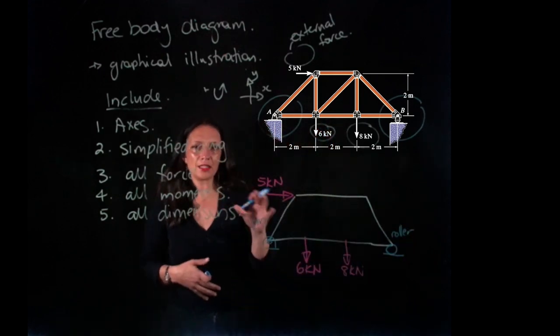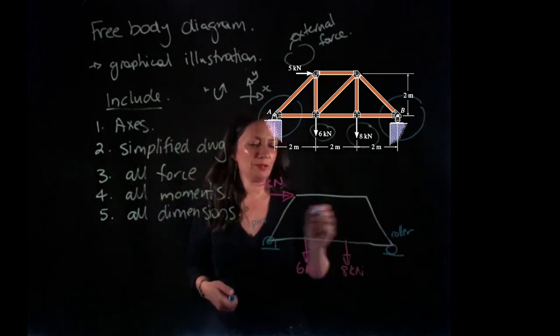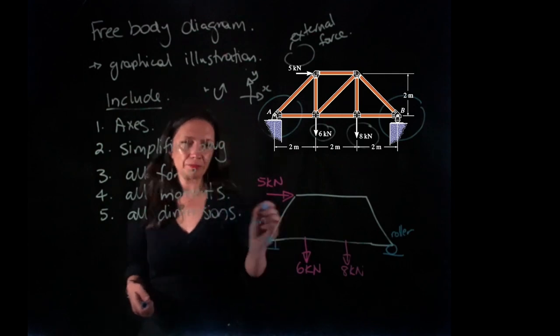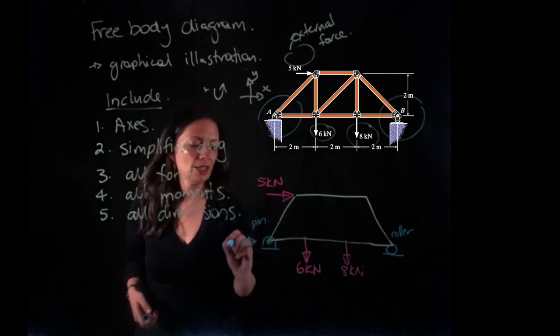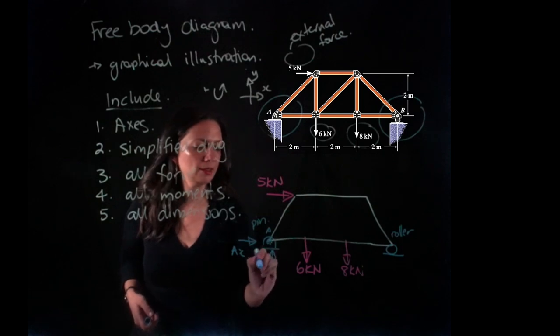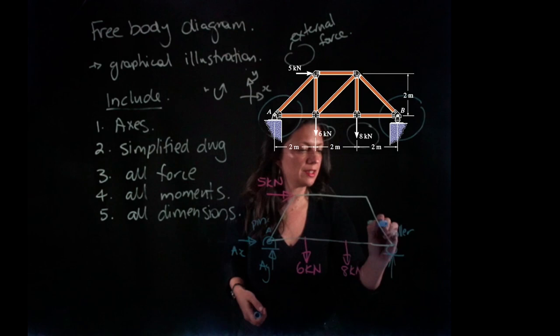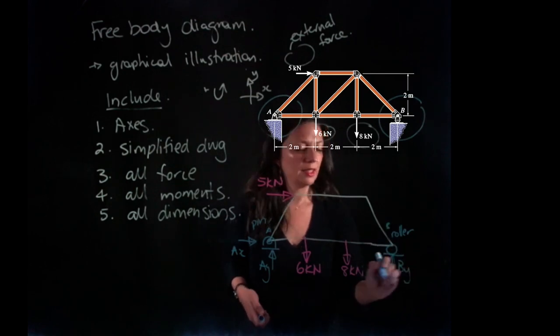In the next video, we will go into the types of reaction forces that we have. But in a pin, this is A, so we'll have an Ax component and an Ay. And in a roller system, this is B, we'll just have a By.